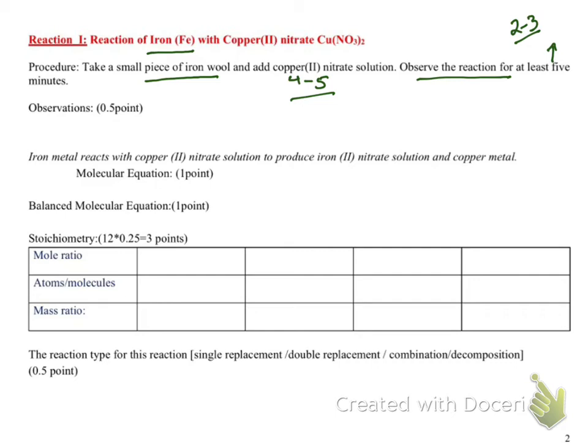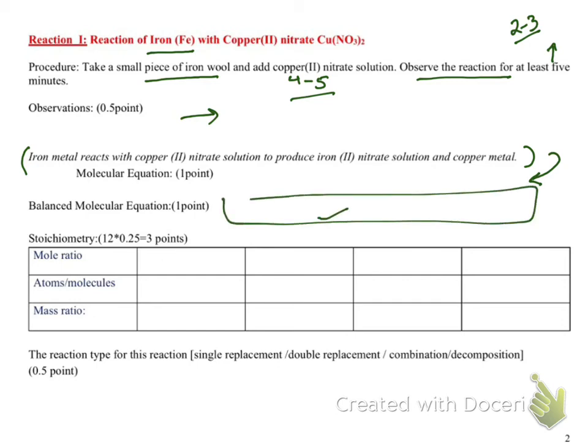Then you write down your observation here. Then I give you a statement here. You change this into an equation, put it here, and then you balance the equation. Once you balance the equation, looking at the balanced equation, you will complete this table and then circle one of them here. So that's your first reaction. For this you need iron and copper 2 nitrate.